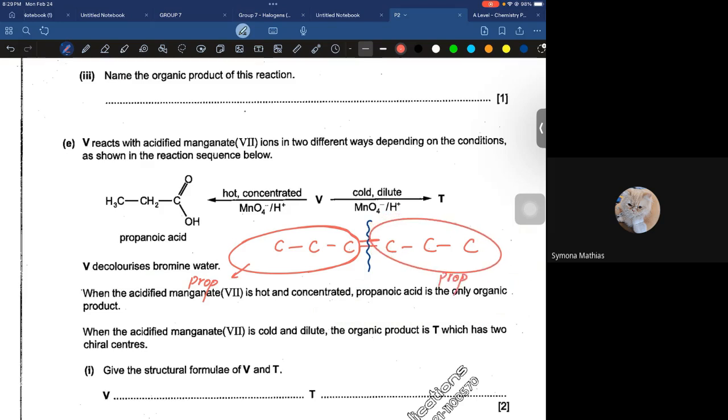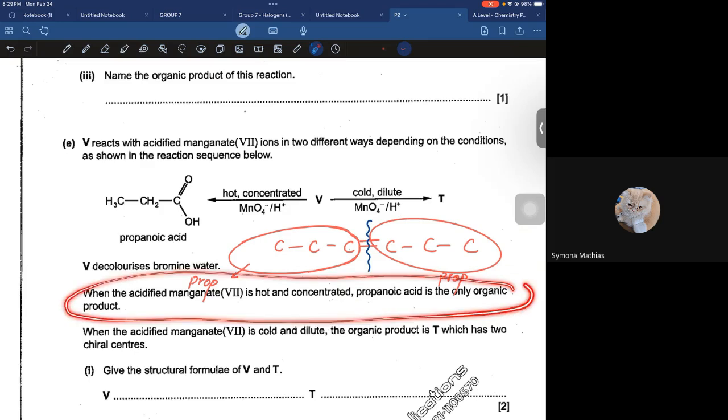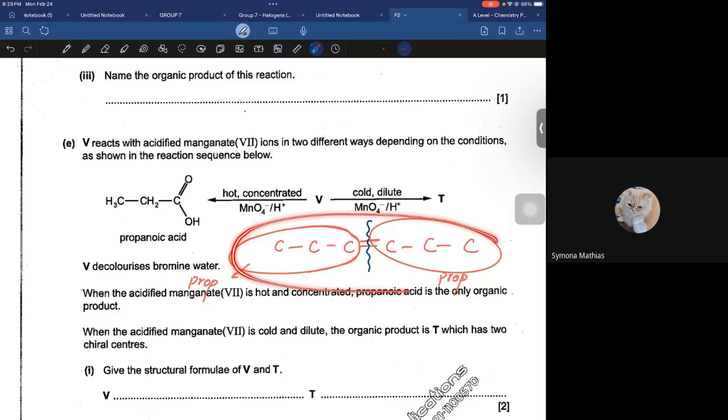After reading this statement, I know I should draw the structure in which both the left-hand side and the right-hand side give only one product, that is propanoic acid.